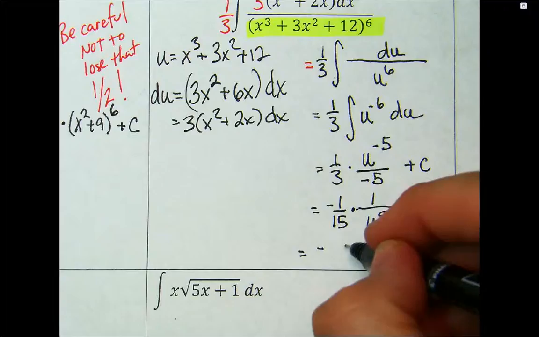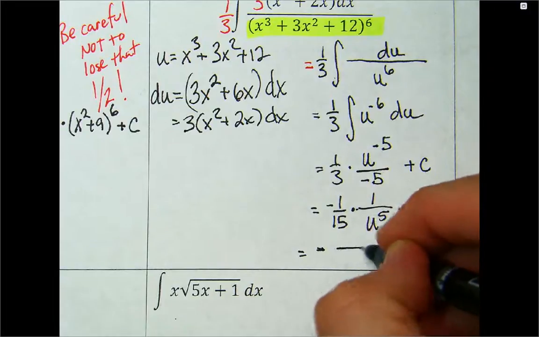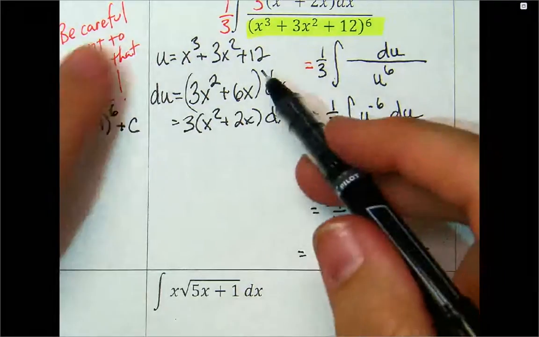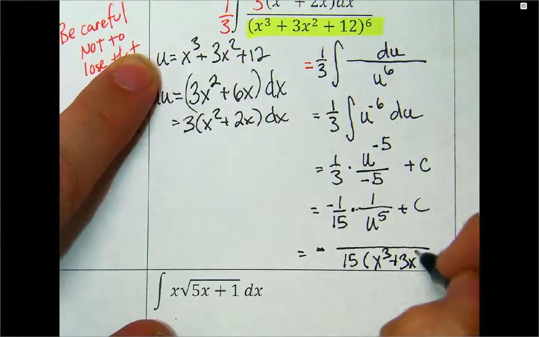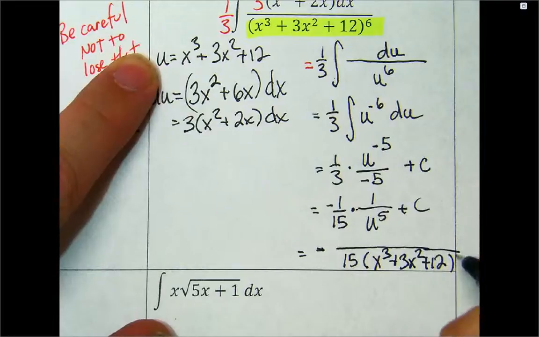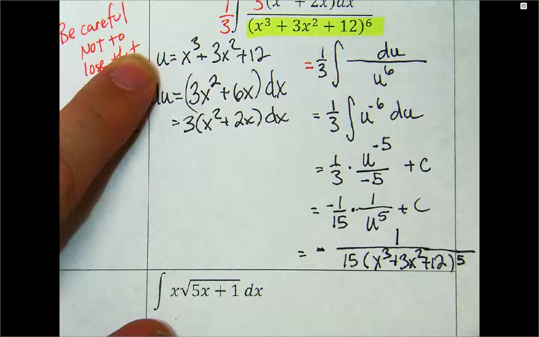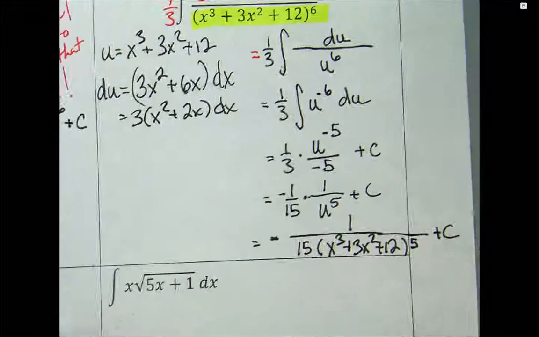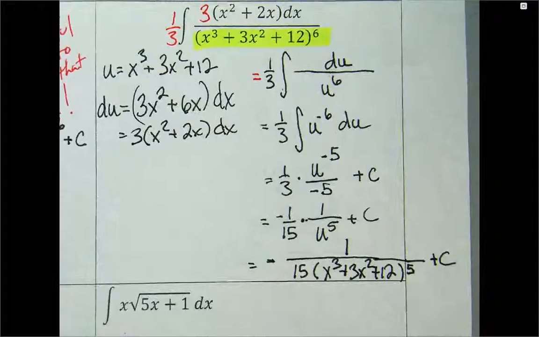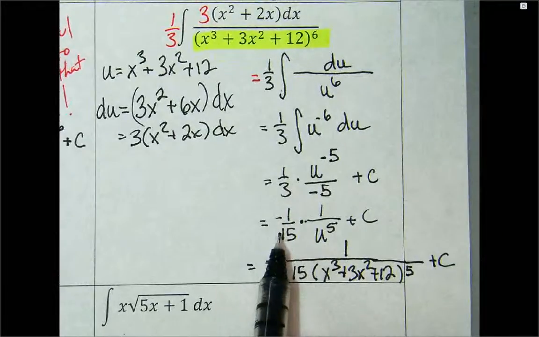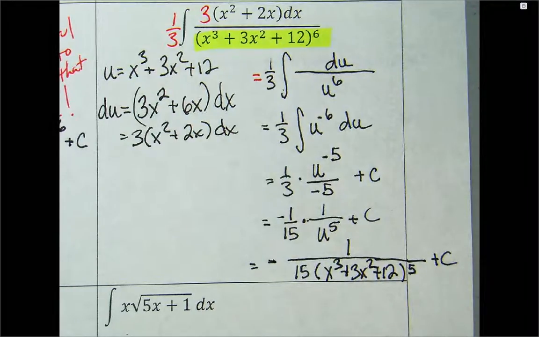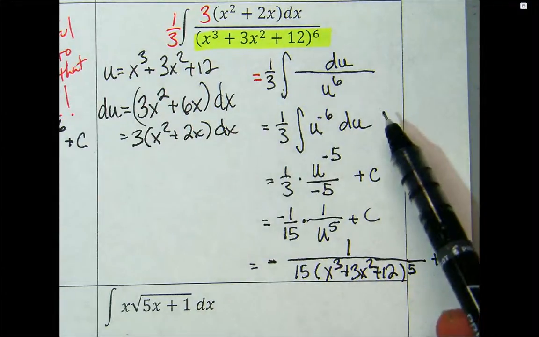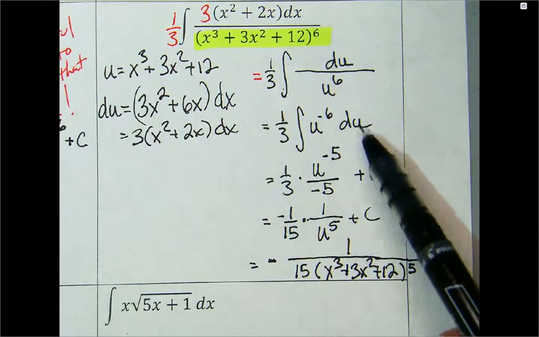Now I need u, which is going to be x cubed plus 3x squared plus 12 to what power? 5th. 1's up top, plus a c. Because it was 1/15th, and it was 1 over u to the 5th, so 1 times 1 is 1. The du went away when we integrated. The integral and du cancel each other out.